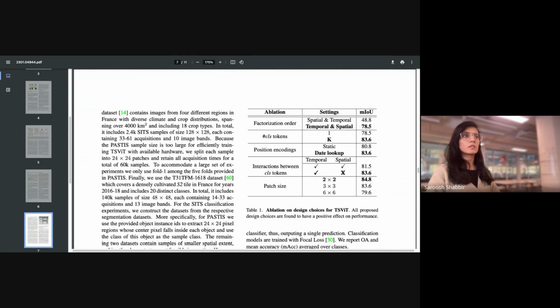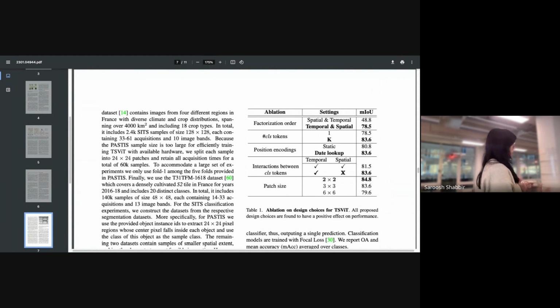And then they try to justify it in a way. What they're saying is that one of the reasons is that the information is not changing as much spatially in satellite image data, not as much as in natural images where you have moving objects and so on.